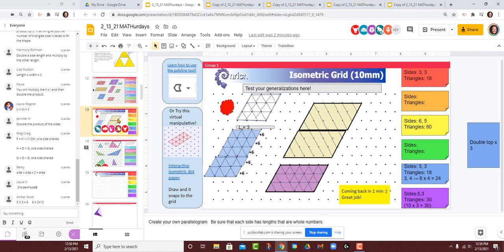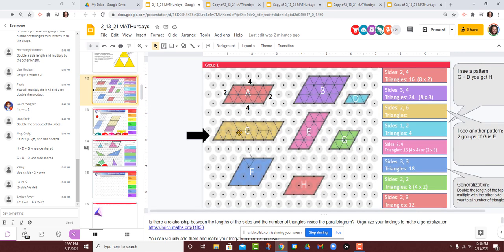I want to share basically what Raha brought into our group discussion, that she noticed on slide 12, when we were playing around with the parallelograms, that the sides all were even. Well, something was even there, not everything, but we were talking about how there was a lot of evenness there.